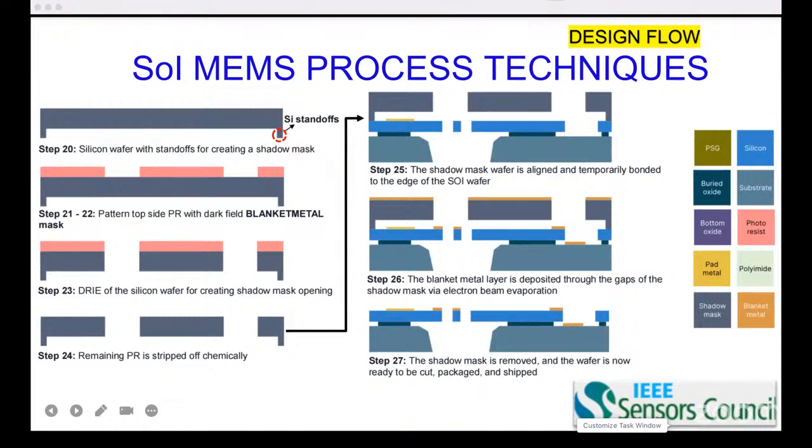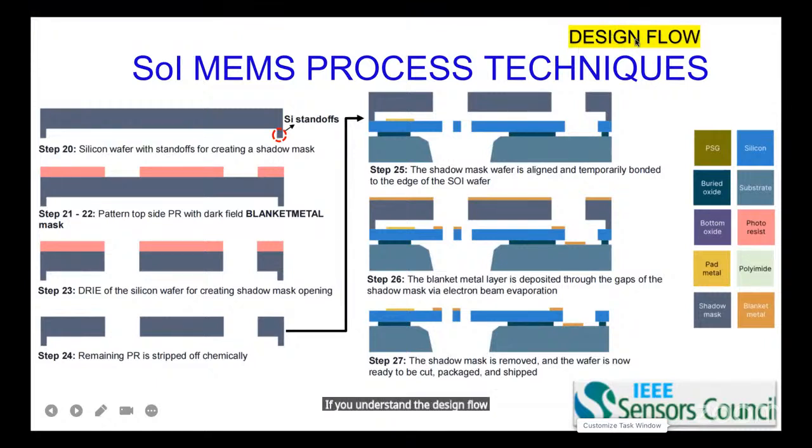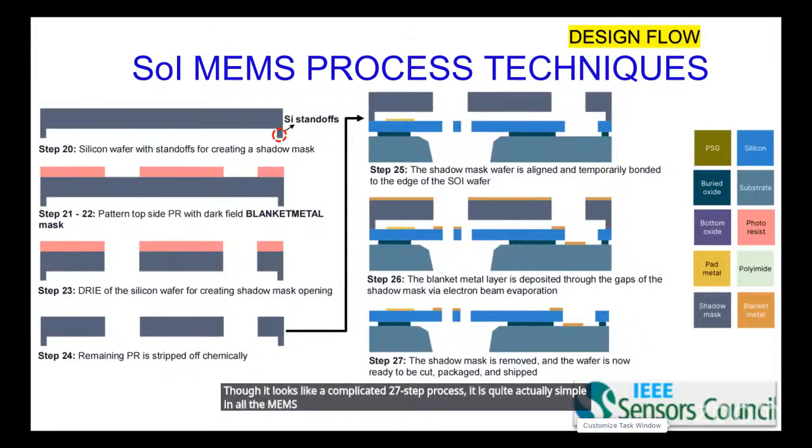Fine. If you understand the design flow, now let us move on to the design rules. There are certain design rules to be followed while designing this SOI MEMS process. Though it looks like a complicated 27-step process, it is actually quite simple. Compared to all other MEMS fabrication techniques, there are only 4 masks, whereas in other devices there will be multiple masks.